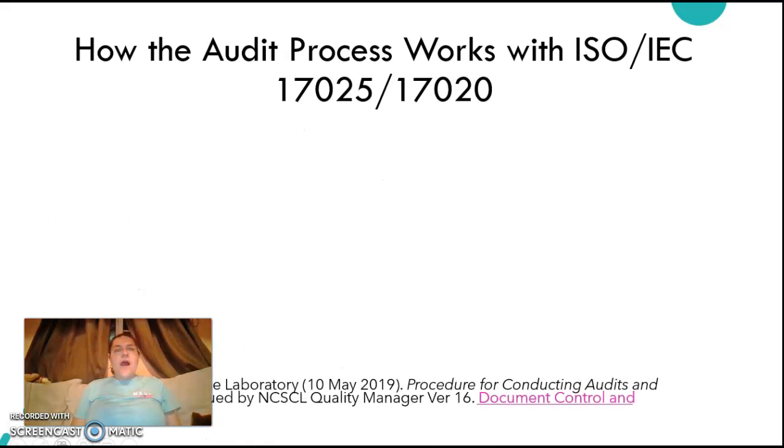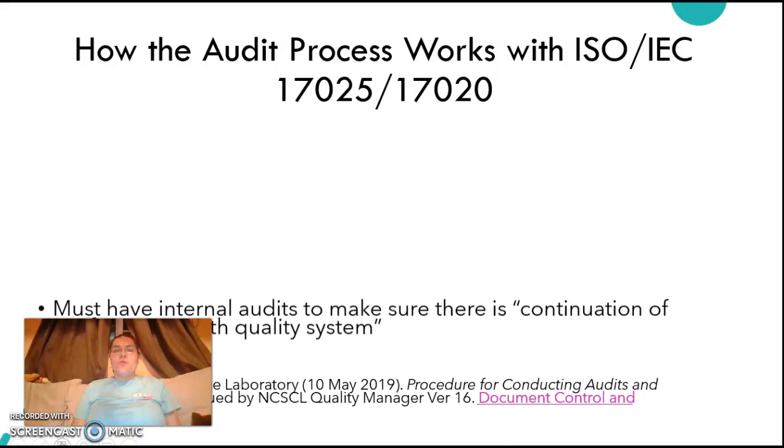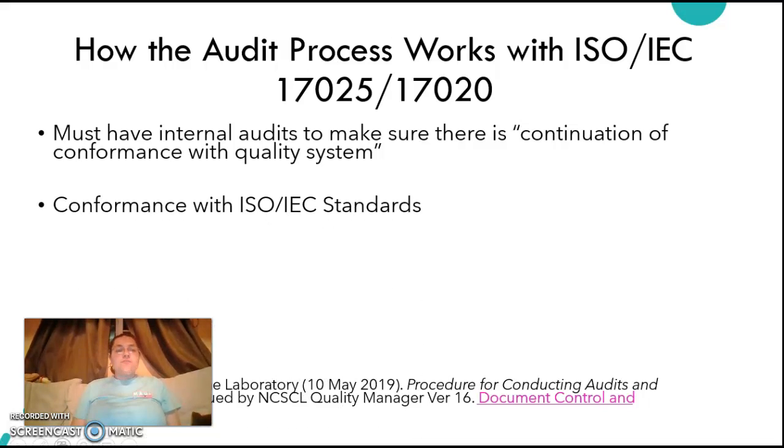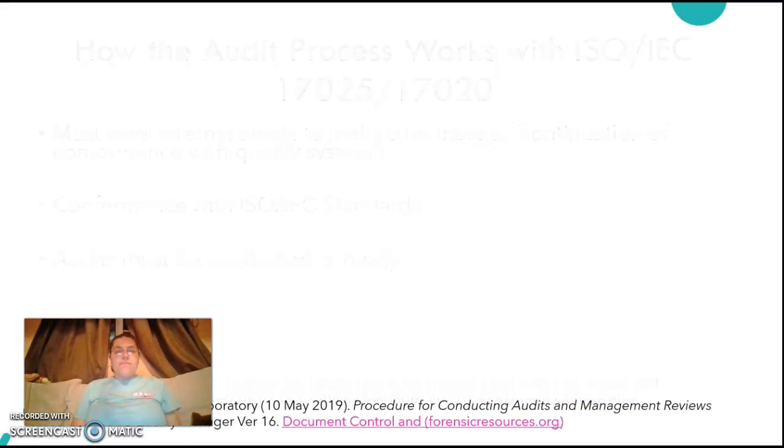So let's talk about how the audit process works with ISO IEC 17025 and 17020 in your lab. You must have internal audits to make sure that there is continuation and conformance with your quality system, as well as making sure that your conformance is with ISO IEC standards. Your audits must be conducted annually.